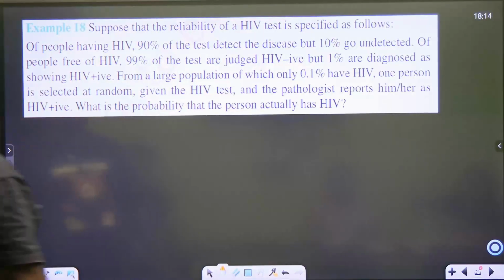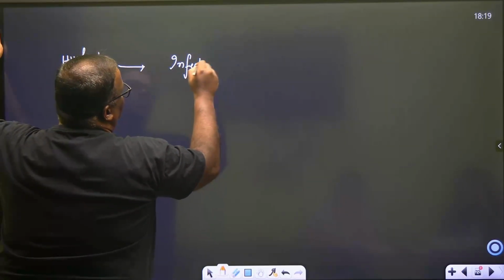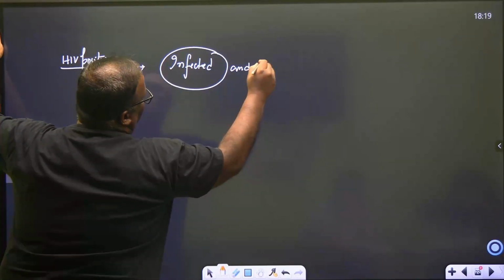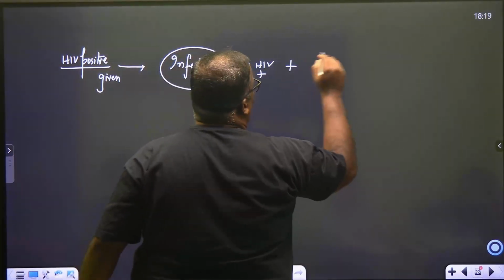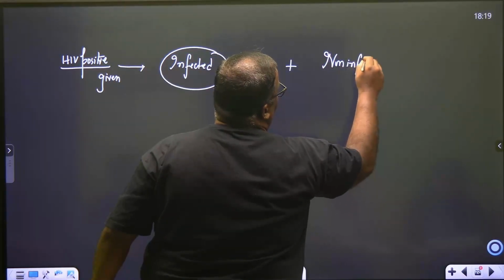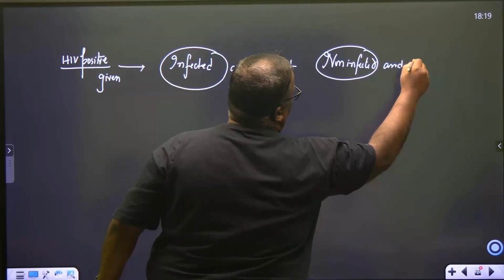Suppose we consider the reliability of an HIV test. HIV positive is the given event. This can come from an infected person. First you select an infected person and HIV positive, or you select a non-infected person and you select an HIV positive.